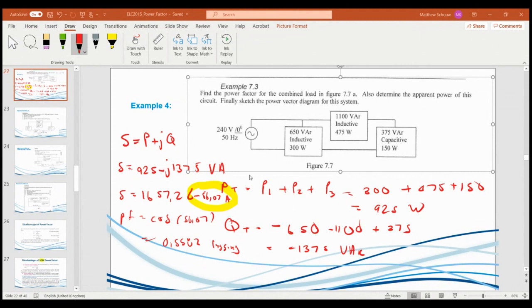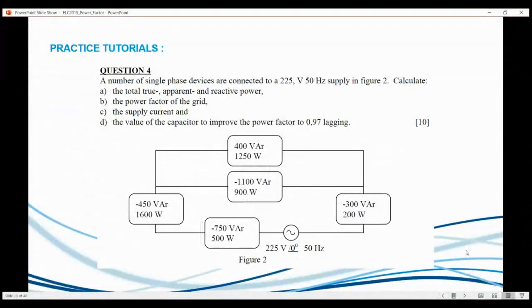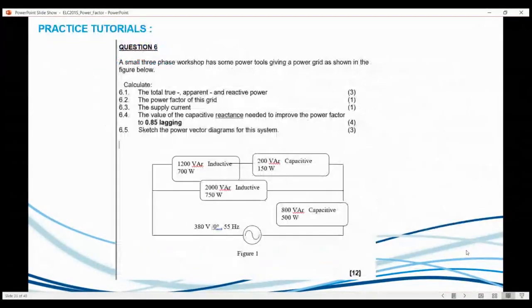This is like a sub-problem where they give you different values, and I highly recommend you practice this, especially with the upcoming test. There's one practice here, another one here, another one there. It's just a variation of the problem.